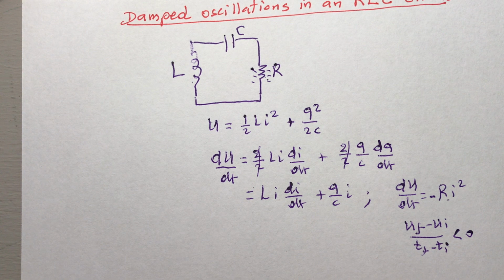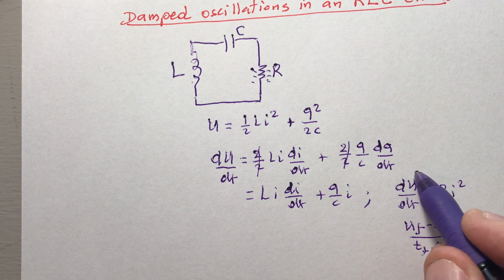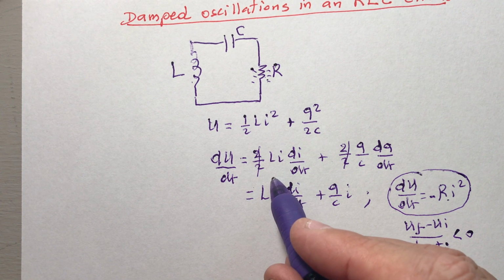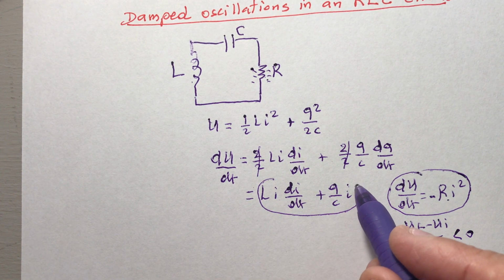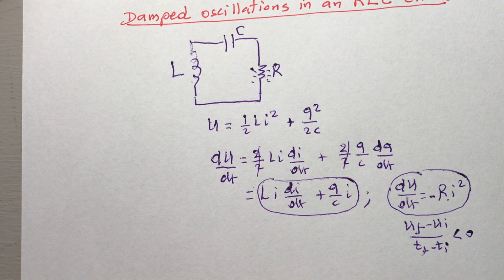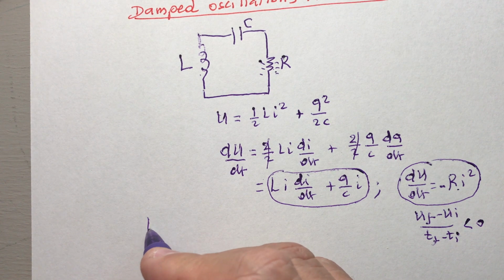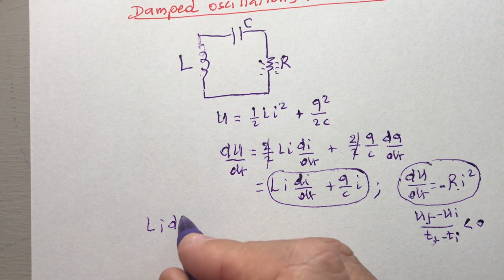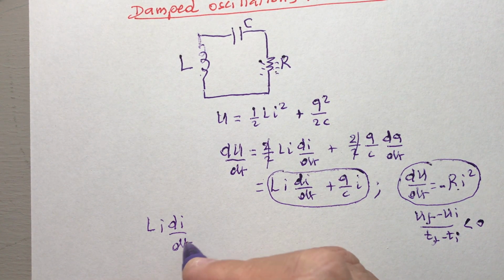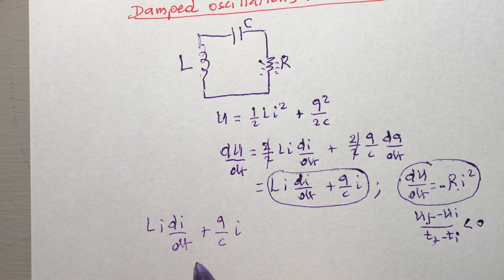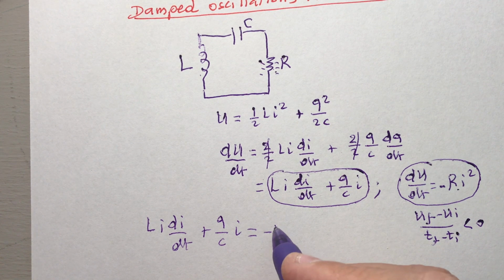Now, this power that came out through the resistor is equal to the power given by the inductor and the capacitor. So I put Li di/dt plus q/C I is equal to minus Ri squared.